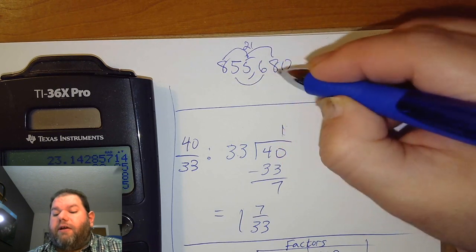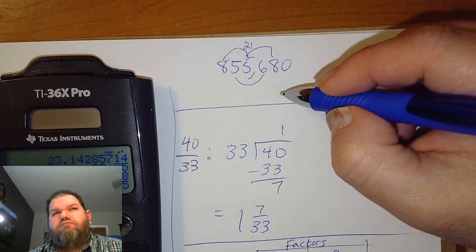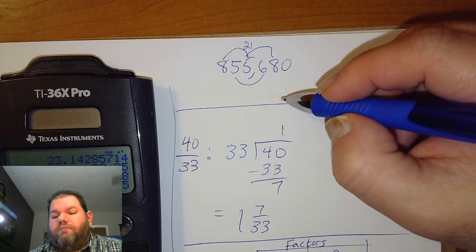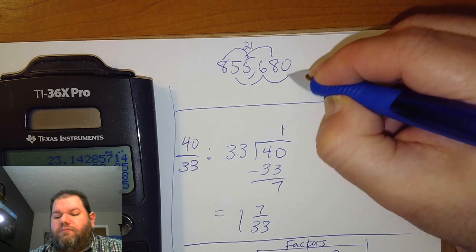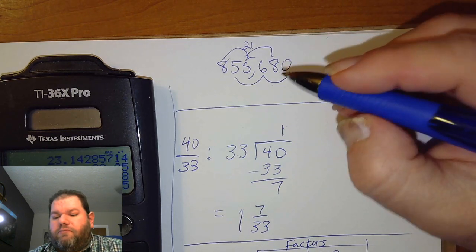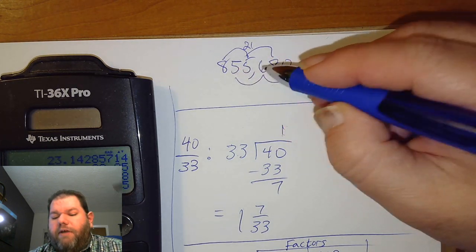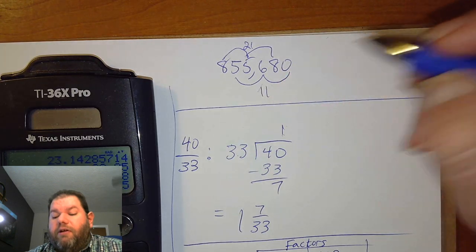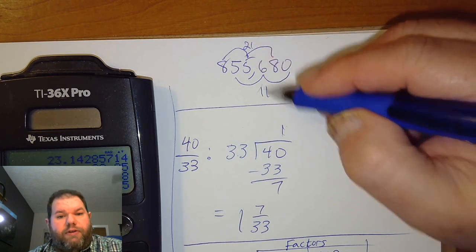And if we add every other digit here, 5 and 6 is 11, plus 0 is 11. Then we look at the difference between these two numbers.